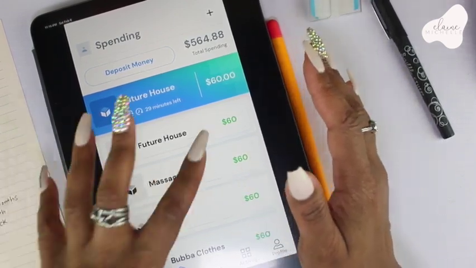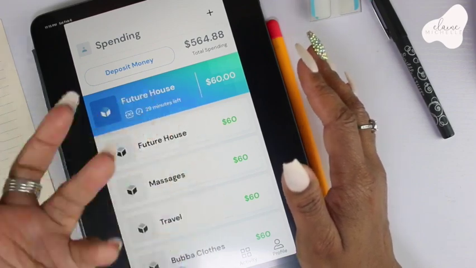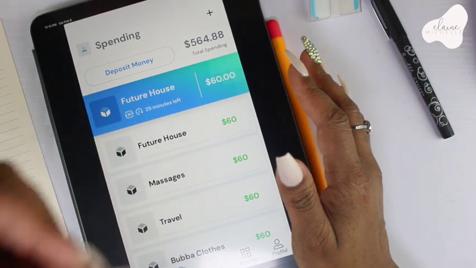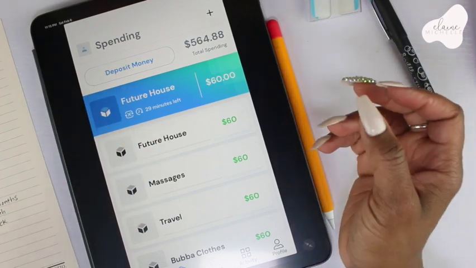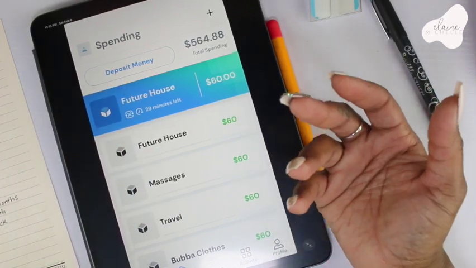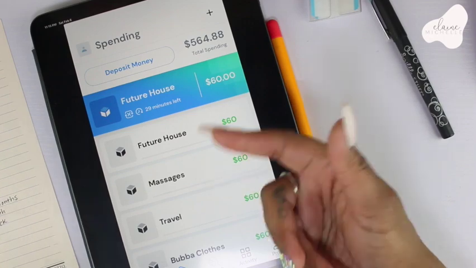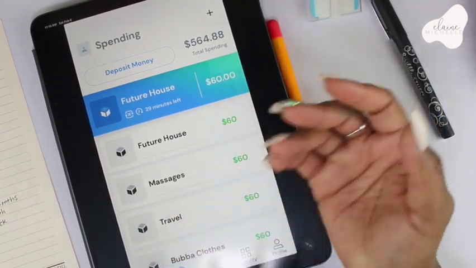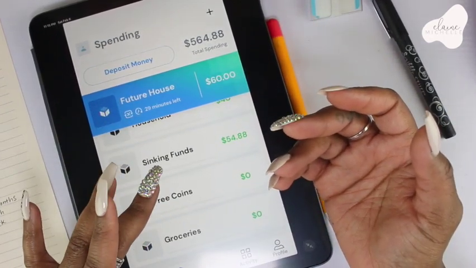And I know it says digital, you guys do know that this has a debit card attached to it, right? So I'm able to go and swipe my card. I don't have to use physical cash. I can also use it on the internet because I can open it up and it'll show me my card number. Let me see if I can show you guys one.